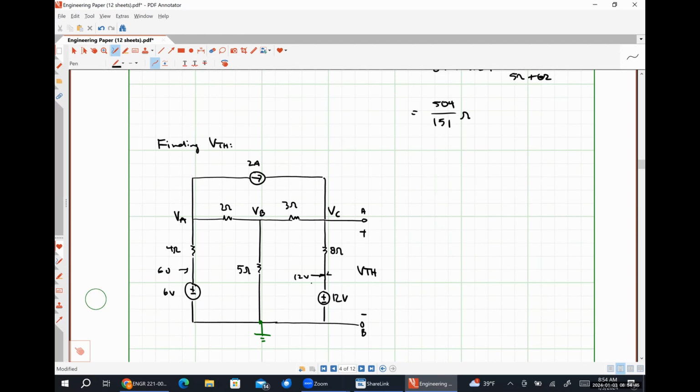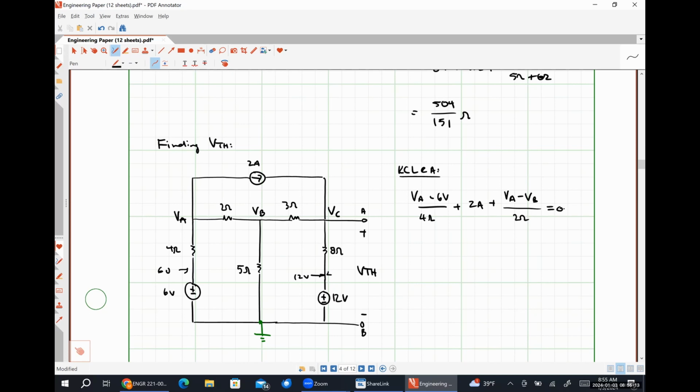So KCL at A is going to look like VA minus 6 volts over 4 ohms, plus 2 amps, plus VA minus VB over 2 ohms.